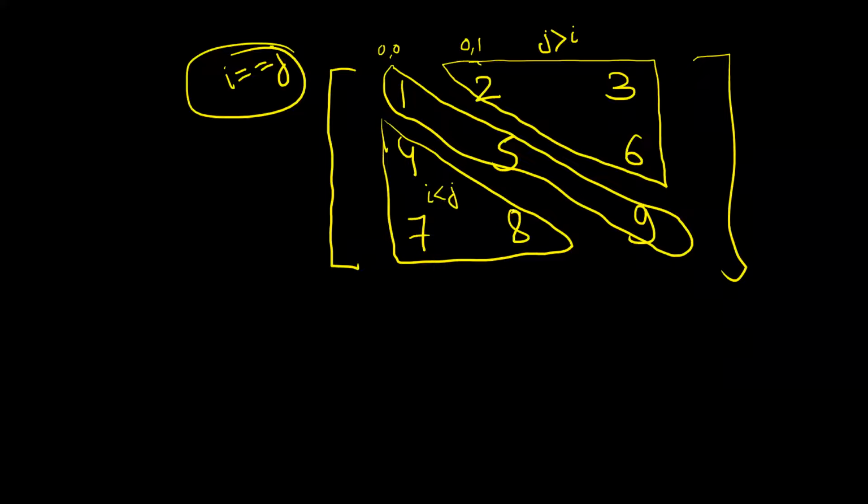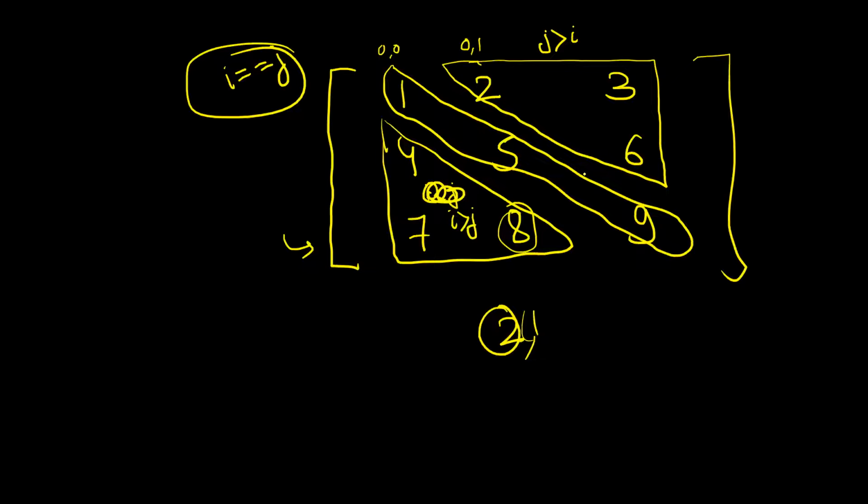I pick 8. What is the index of 8? The row number is 2 and the column number is 1. Oh, sorry. Did I do something wrong? Wait. j greater than i is here; it will be the opposite there. Sorry, my bad, right? So i greater than j is the characteristic of the lower triangular region.